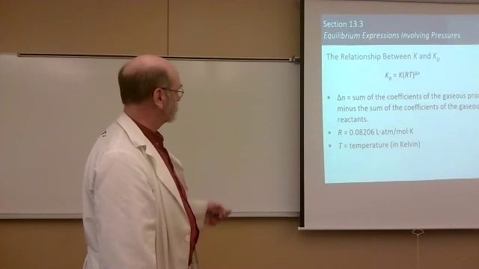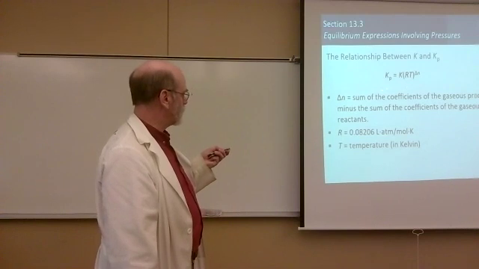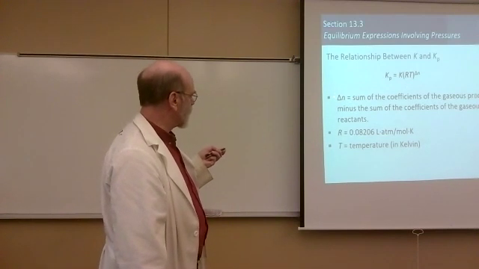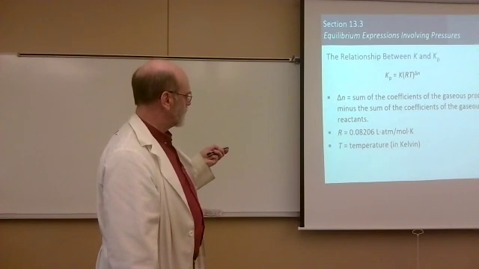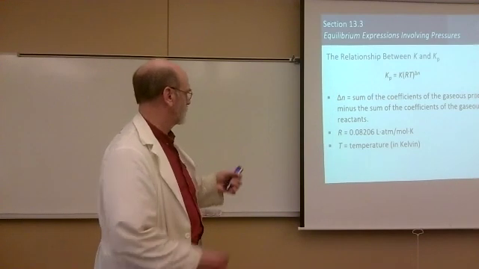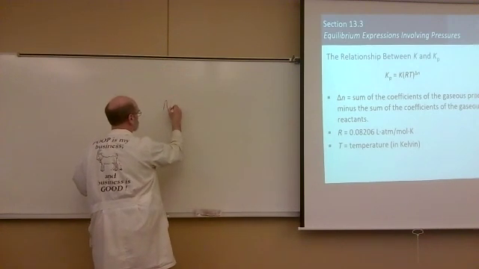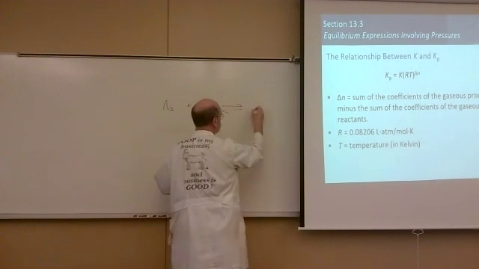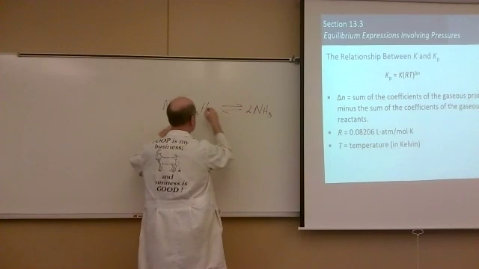Now, if we know one, and we know the temperature, and we know the change in moles, that is, the sum of the coefficients of the gaseous products, let me write that back up here. Nitrogen plus hydrogen yields ammonia, and we need 2 of these and 3 of those.